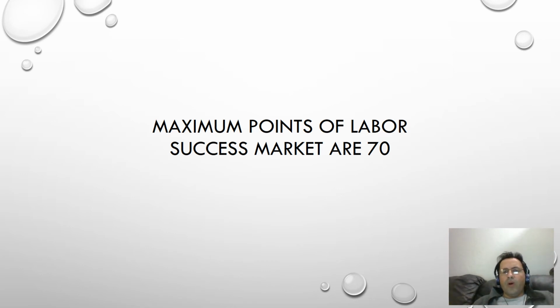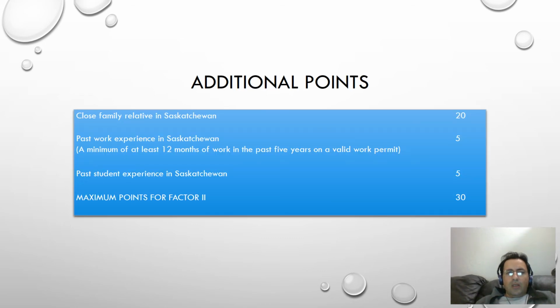So the maximum for the first section, which is called the labor market section, is 70 points, and you need to get 60 points. About 70 to 80% of people will get the 60 points out of these 70 points, but there are another 30 points.